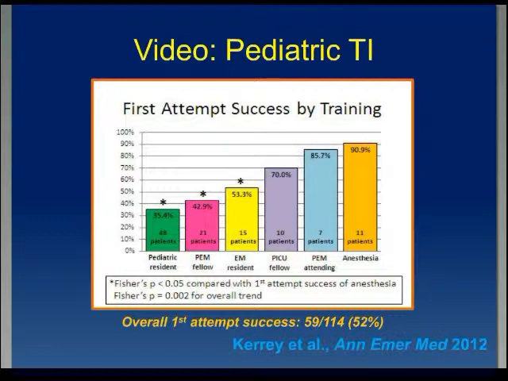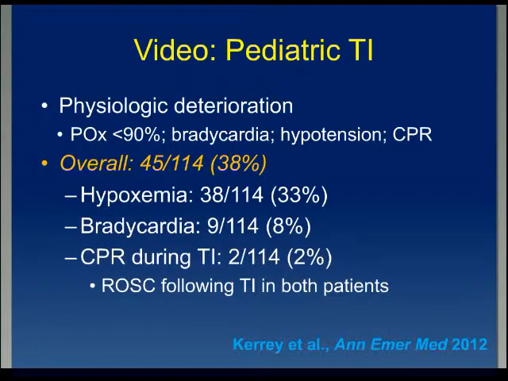The other things he found included that physiologic deterioration, hypoxia or bradycardia, was quite common. It occurred 38% of the time. Hypoxemia was present 1/3 of the time, and interestingly, there were 2 kids that actually had a cardiac arrest during their intubation. Both of them had prompt return of circulation when the intubation was performed.